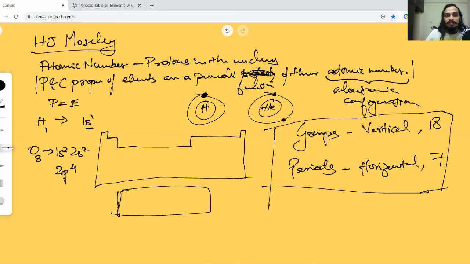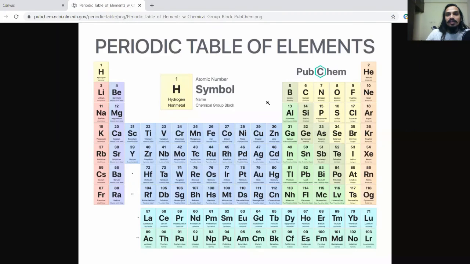The last electron is falling in P, right? So that is why oxygen is in the P block. This entire block over here, from boron all the way till helium, these last 6 columns are called the P block.